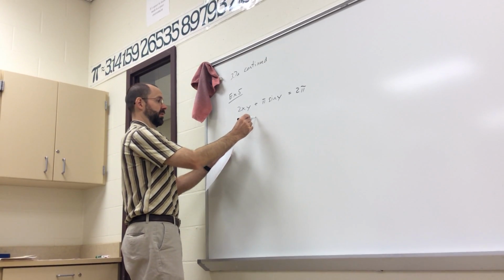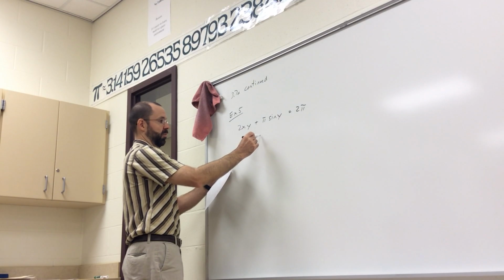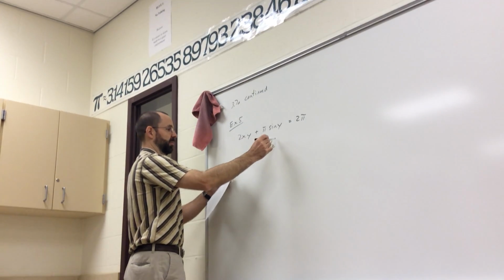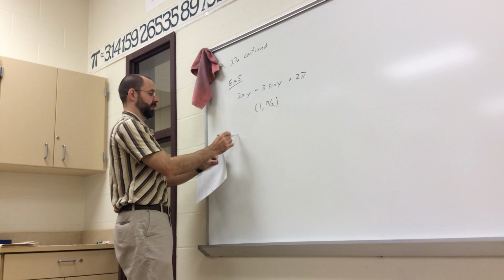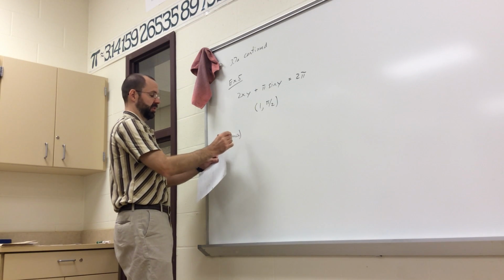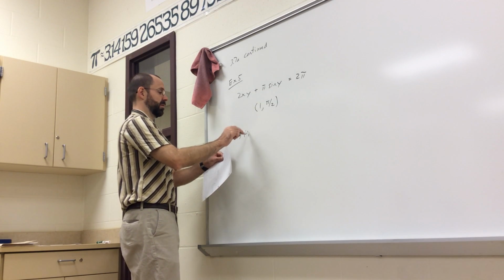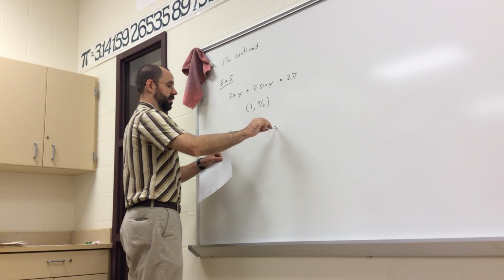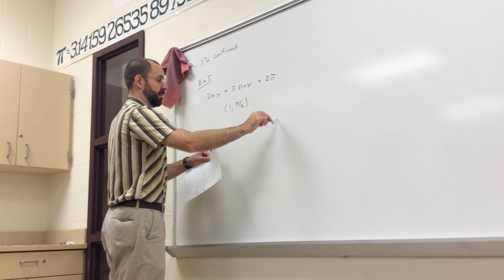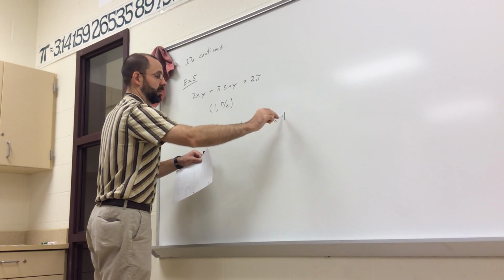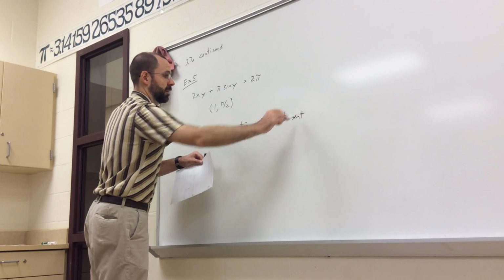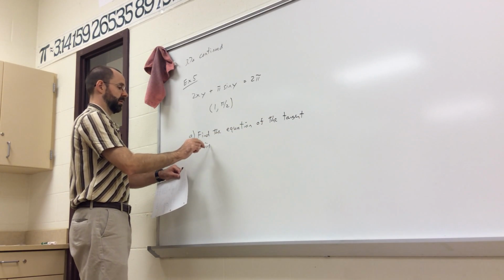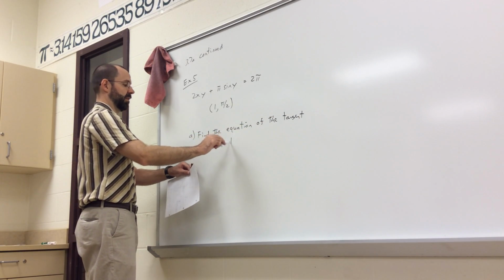And then they're going to tell you that there's a point at (1, pi over 2). And the question is, find the equation of the tangent line at the given point.